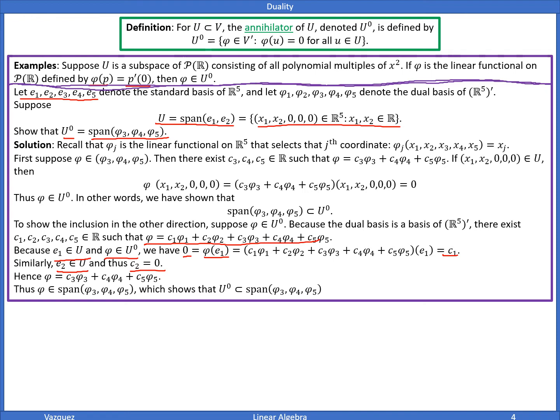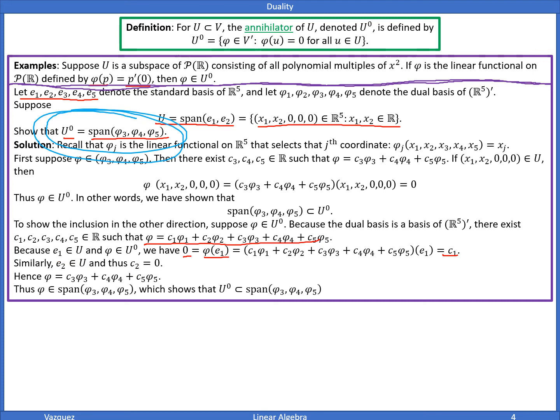Therefore, showing that phi is in the span of phi3 to phi5, thus showing that the annihilator of U is a subset of the span of those three vectors of the dual basis. So again, we showed inclusion to both sides. Therefore, we have our conclusion that the annihilator of U is equal to the span of those three vectors of the dual basis.